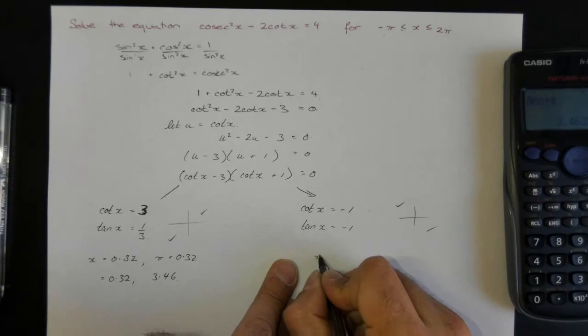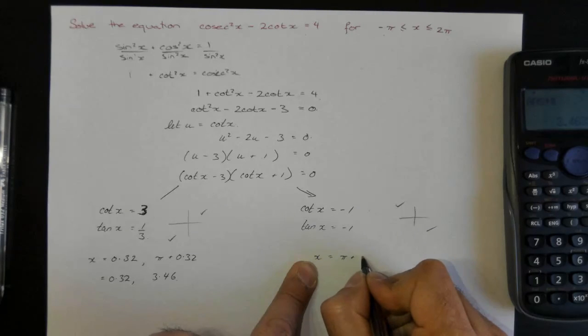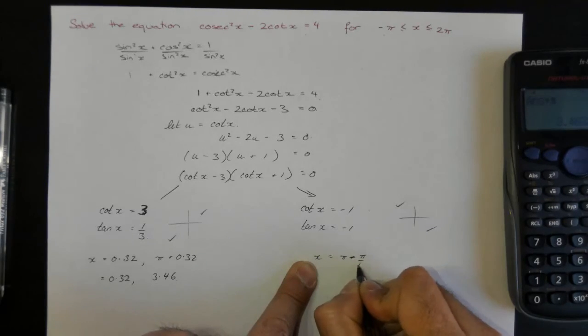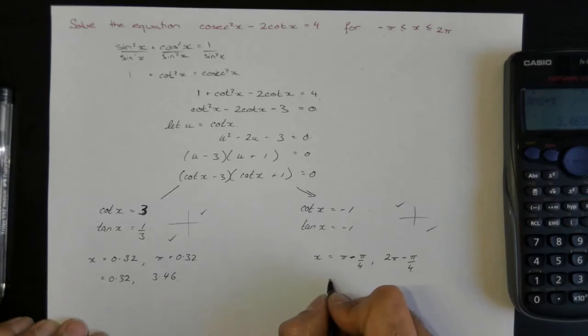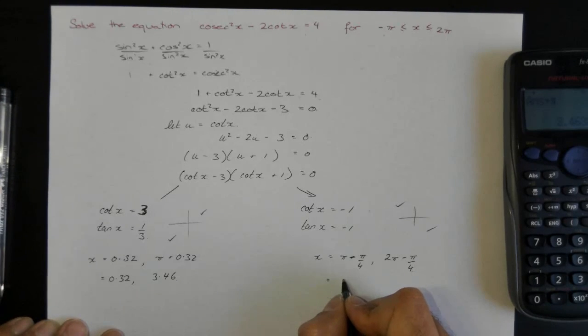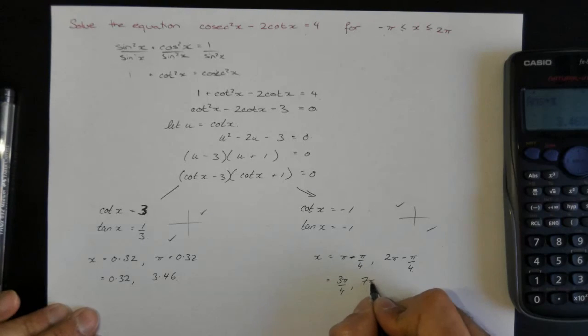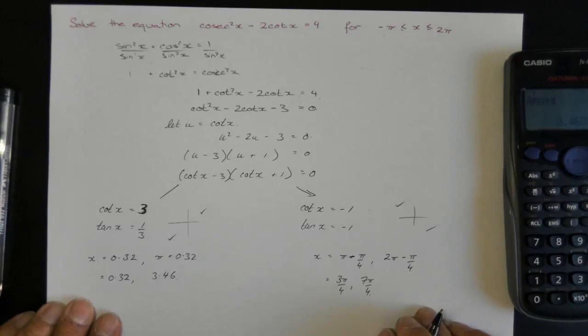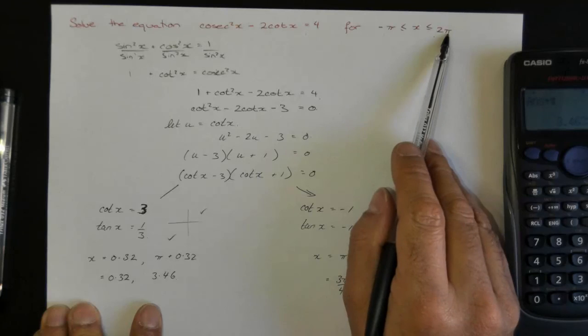So here we get 2 pi minus pi on 4, so we would actually get 3 pi on 4 and 7 pi on 4. Okay, so that's from 0 to 2 pi.